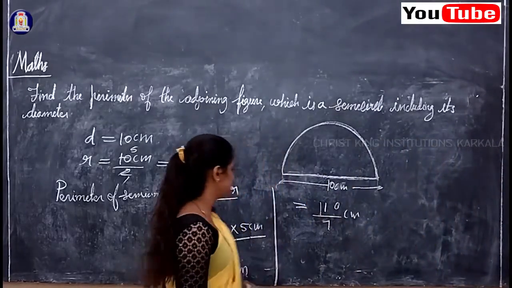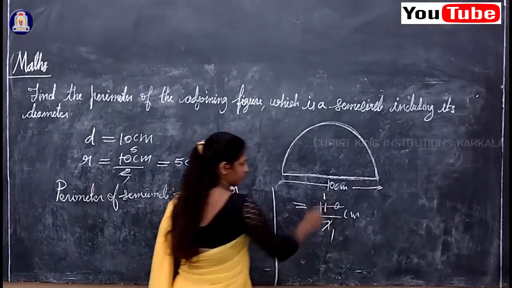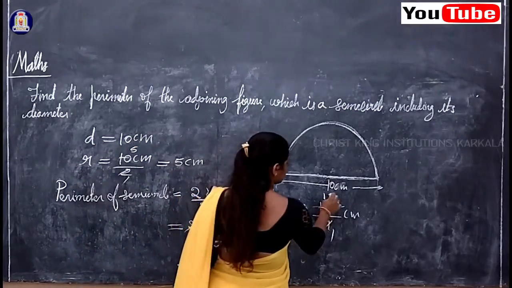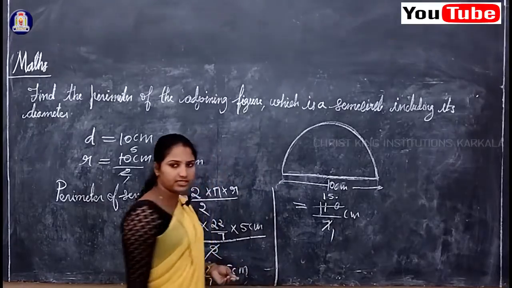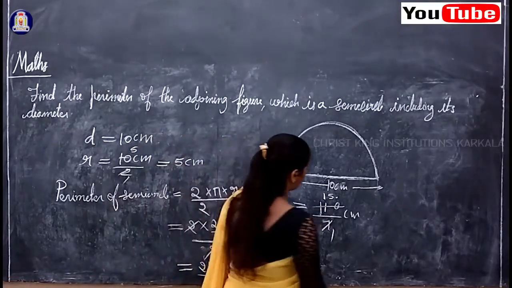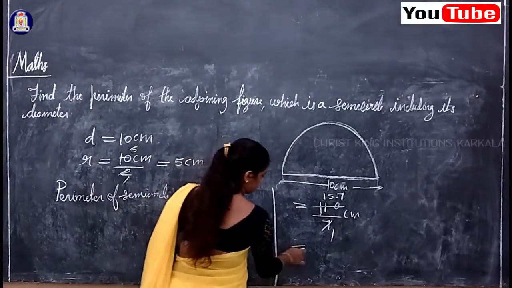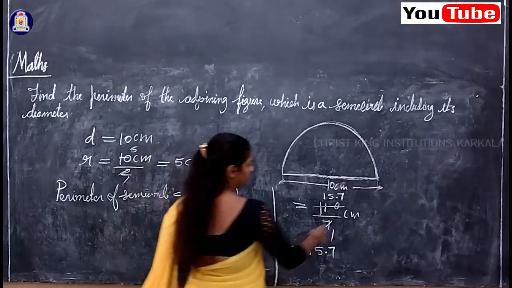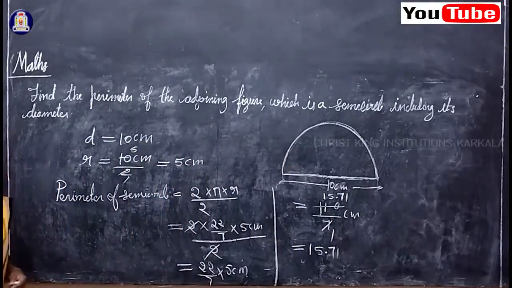So 7 divides 110, 7 ones are 7, means 4 remaining, 40, 7 5s are 35, 5 remaining, isn't it? So 5 remaining, 50, 7 7s are 49, 1 remaining, so 15.71, that is the perimeter of semicircle.